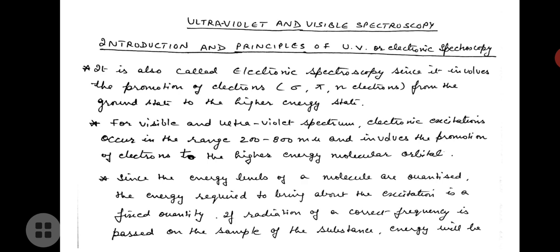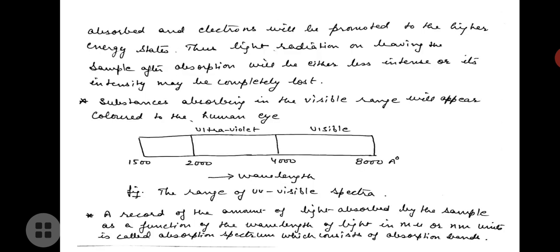Since the energy levels of a molecule are quantized, the energy required to bring about the excitation is a fixed quantity. If radiation of a correct frequency is passed on the sample of the substance, energy will be absorbed and electrons will be promoted to the higher energy states.